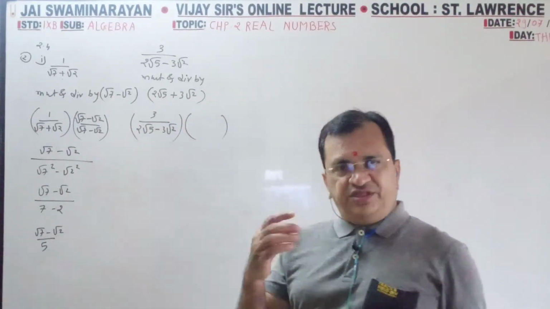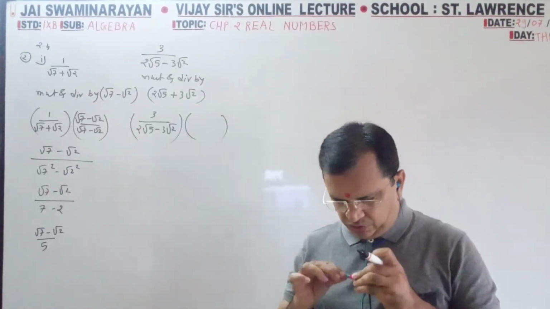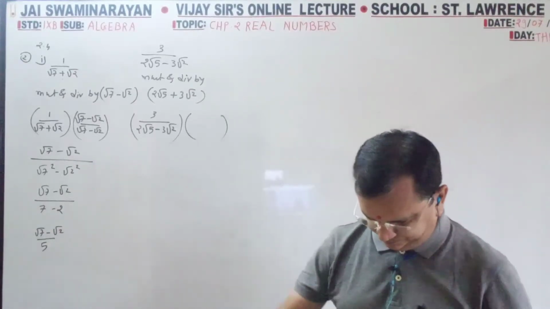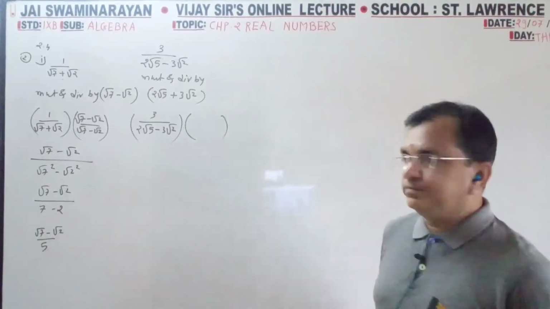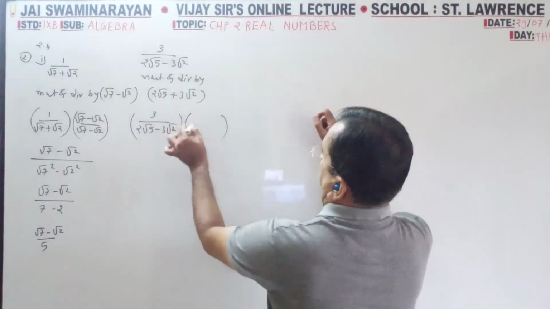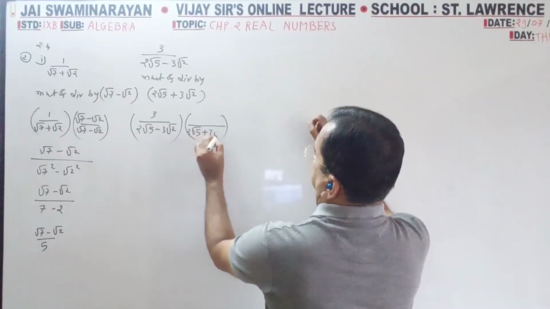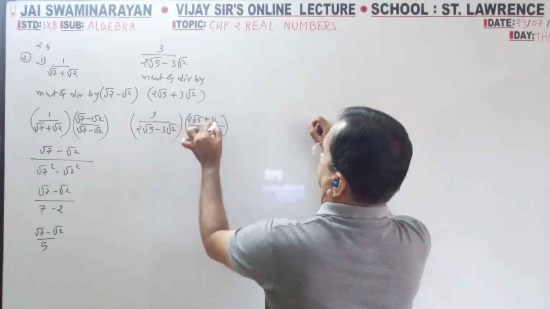Multiply and divide with plus 2 root 5 plus 3 root 2.